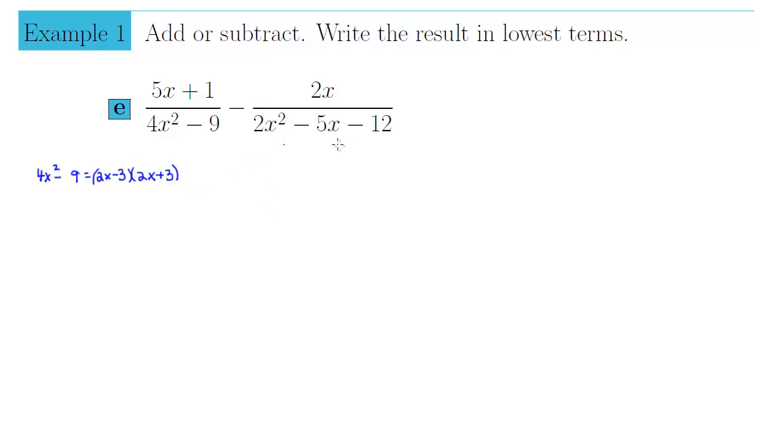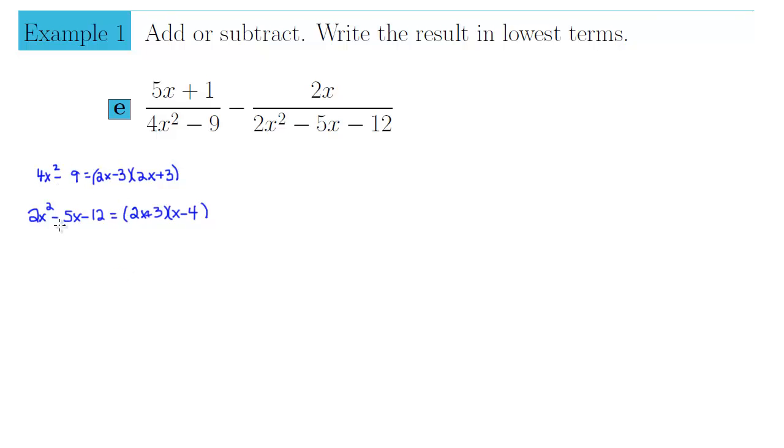Let's take a look at our other denominator, 2x squared minus 5x minus 12. Again, we want to factor this. 2x squared minus 5x minus 12 factors as 2x plus 3 times x minus 4.